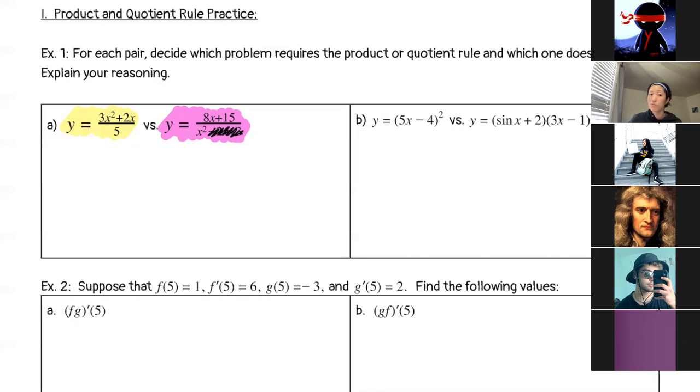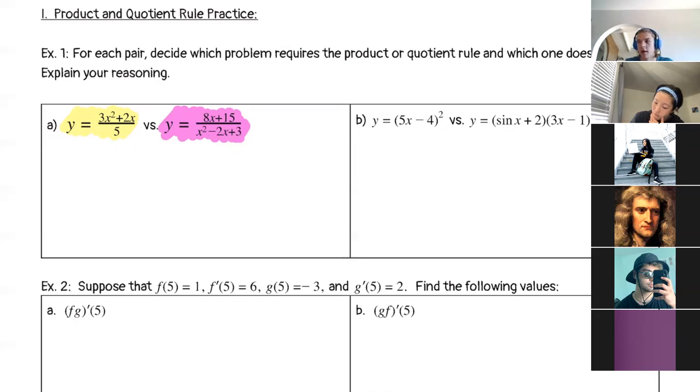Yeah, now if I cross those 2 out, I could use the same strategy as I used for the yellow one. We could say that this one breaks down into 3x squared over 5 plus 2x over 5, or even 3/5 x squared plus 2/5 x. When we write it as that bottom line, it becomes really clear that we don't need to use quotient rule.